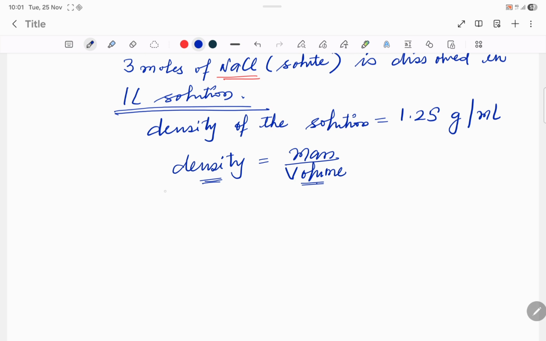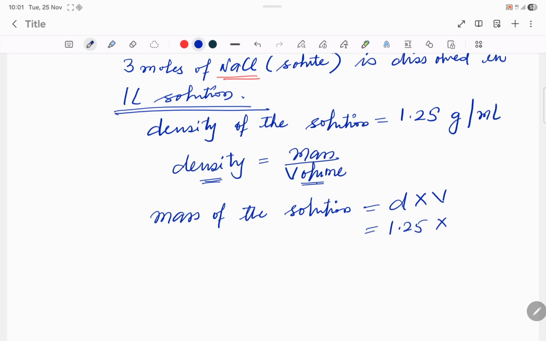Now we can calculate the mass of the solution. So mass of the solution is equal to density into volume. Density is 1.25 and volume is 1 liter. We can convert it into milliliter because density is also given in milliliters. So obviously 1000, and it comes out to be 1250 grams.